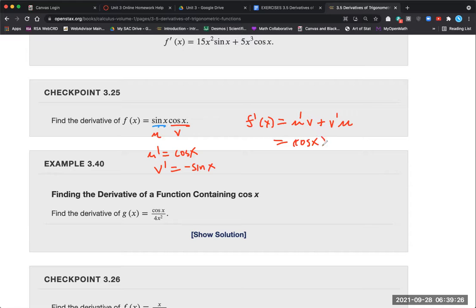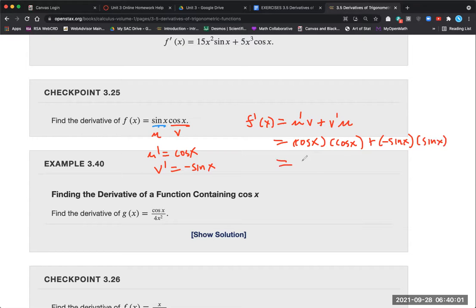u prime, cosine x, times v, and then plus v prime, sorry, I messed up a little bit, times u. v is cosine x, and you have v prime, which is negative sine x, times u, which is sine x.